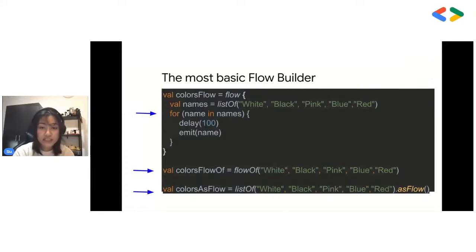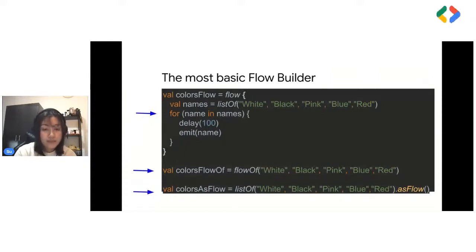Inside the block, I declare the names white, black, pink, etc., assigning them to the names variable. After that, I use a for loop to go through the list of names, which will emit each name after a small delay. And then I use emit to send the value to consumers.